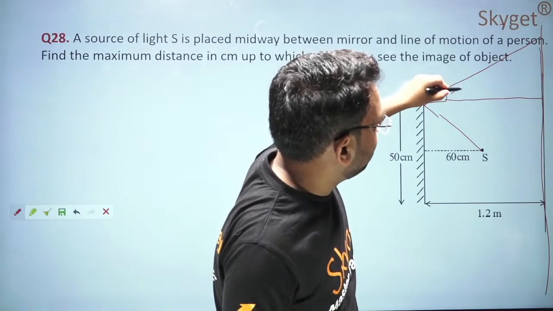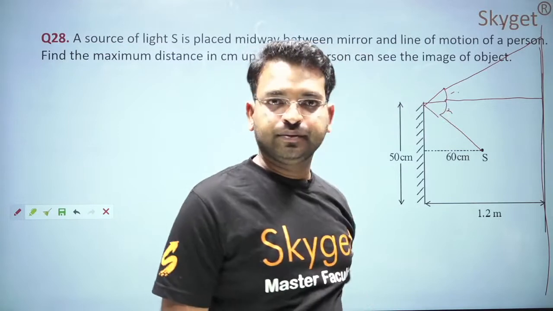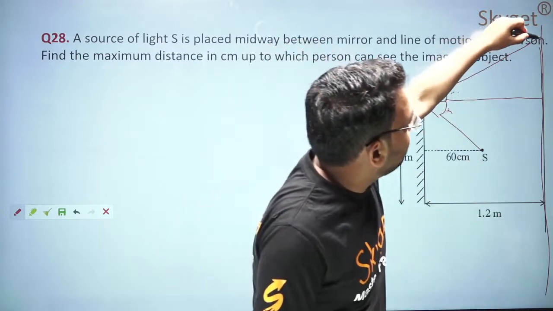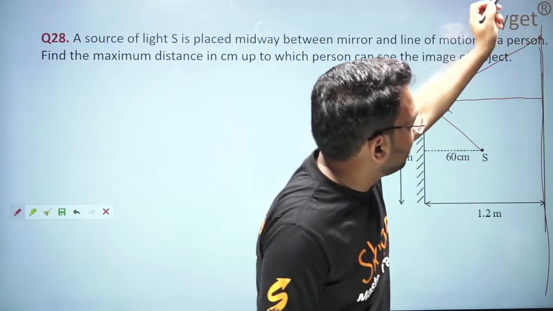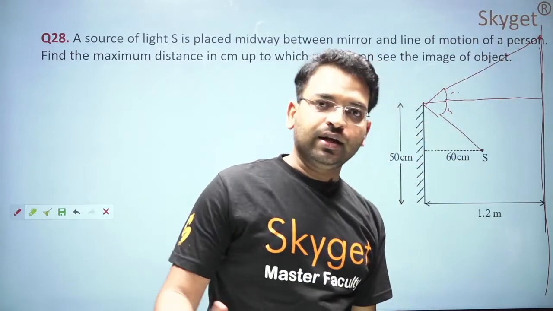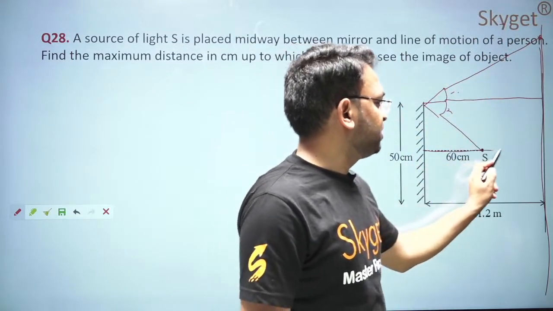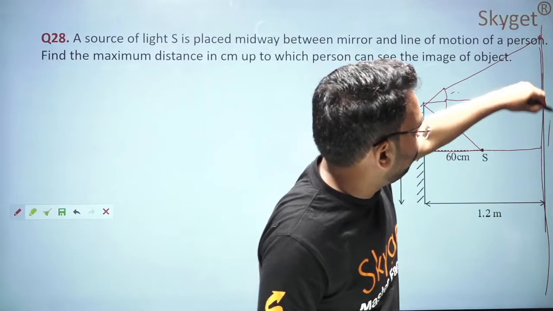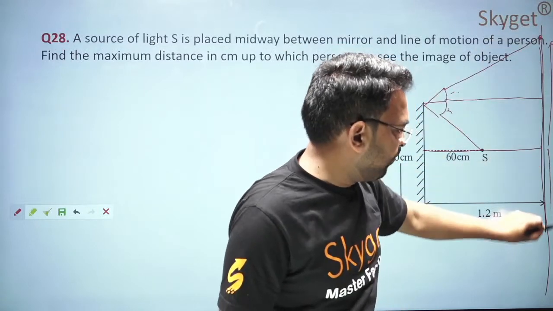This is your I, this is your R, right? So I will be able to see the object which is somewhere here, and the same way I can see in the down part as well.